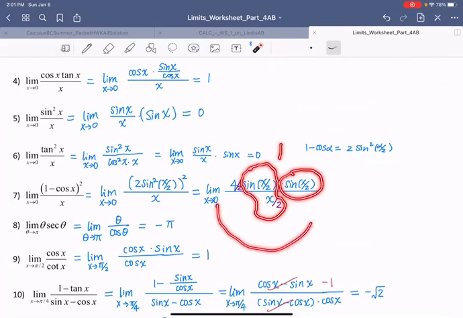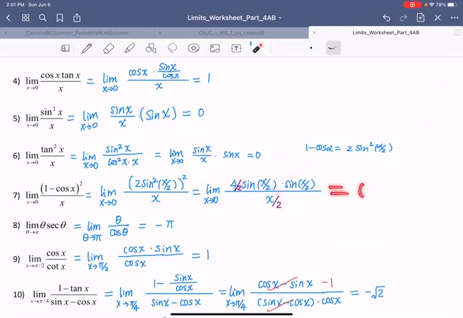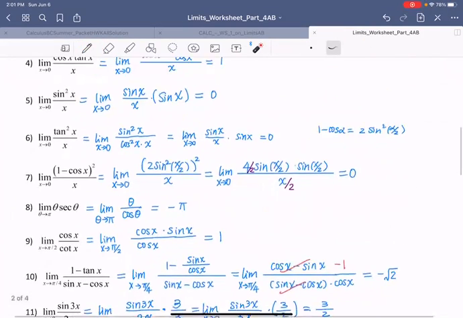When x is 0, sine 0 is 0, correct? Yes. So 1 times 0 is 0. Do you agree with this answer now? Yes. Okay, that's how we do this kind of question. Thank you. Very good. Next question.